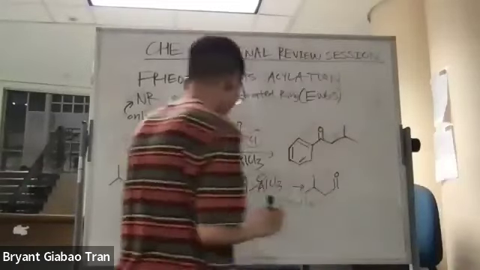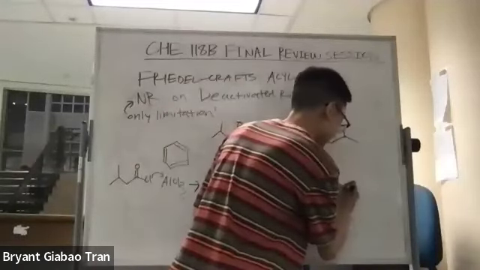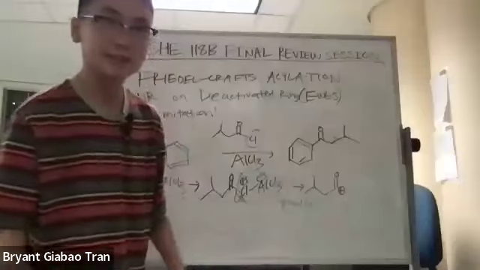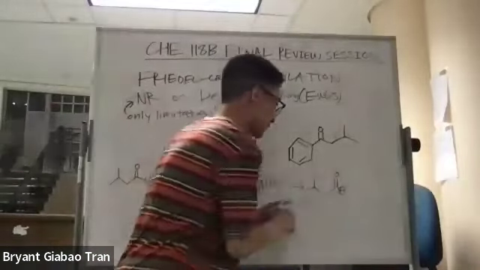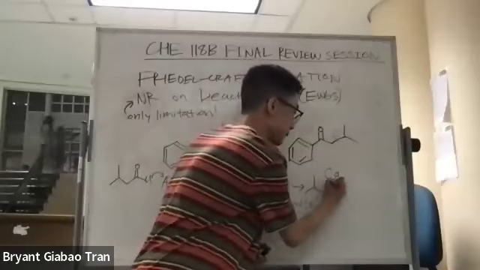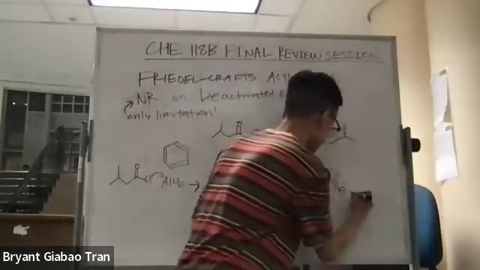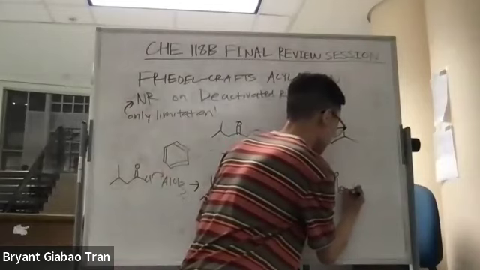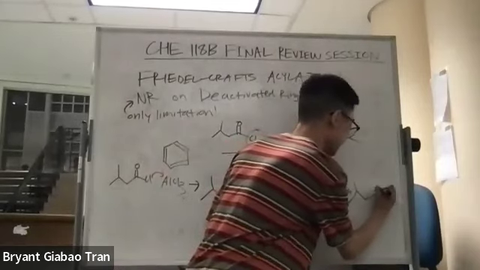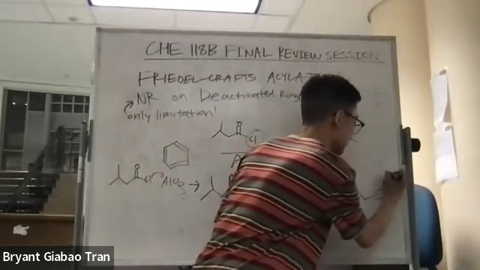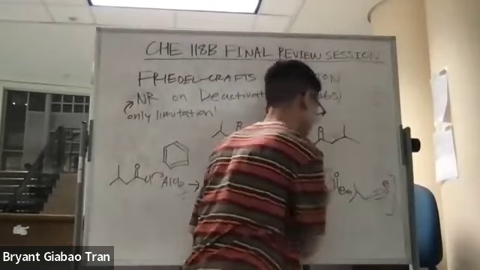Since this carbon lost the bond, it will have a positive charge. The resonance structure you have to draw is this: the pair of electrons on oxygen goes down and makes a triple bond between that carbon and oxygen, giving a positive charge on the oxygen.